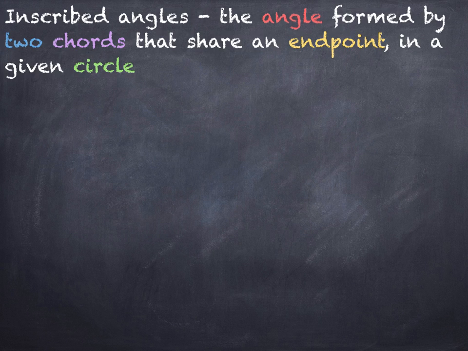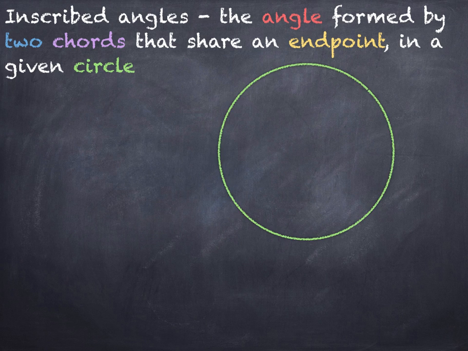Next, what we're going to focus on are circles. The first thing you need to know when working with circles is what an inscribed angle is. An inscribed angle is the angle formed by two chords that share an endpoint in a given circle. So in our circle, we have chord AB and chord BC.